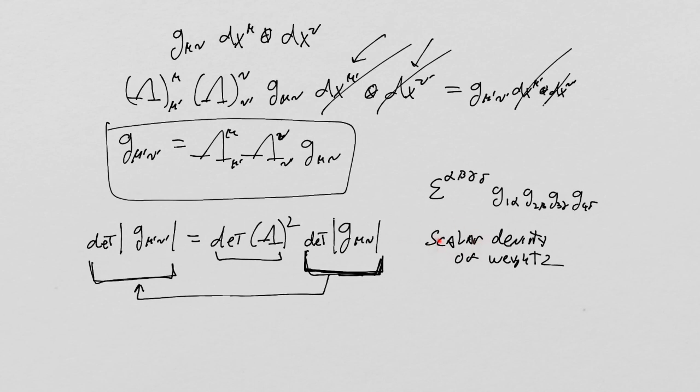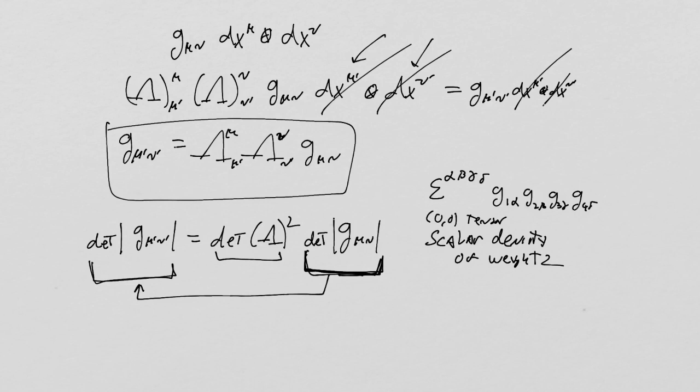Instead of saying a 0,0 tensor density of weight 2, we say it's just a scalar density of weight 2. And the reason it's weight 2, of course, is because you got the square of this thing up here.